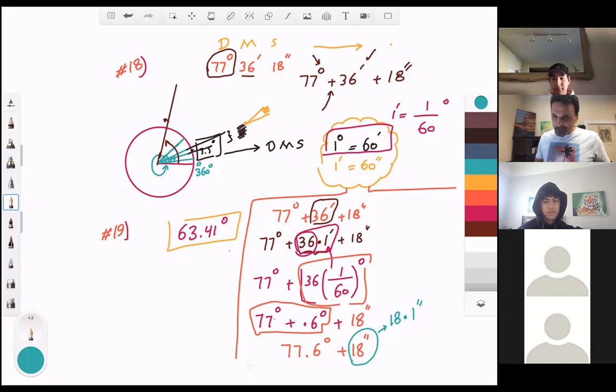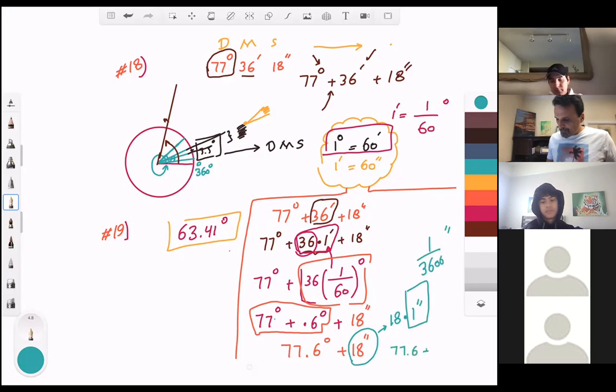So how big is 1 second? 1 second is 1 over 3,600 degree. So if I plug it back, we're gonna get 77.6 plus 18 multiplied by 1 over 3,600 degrees.